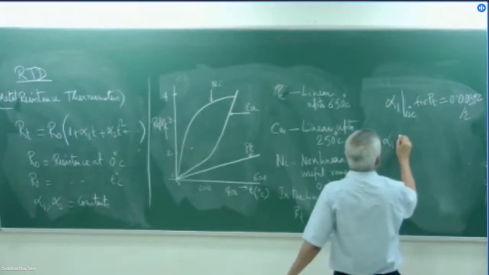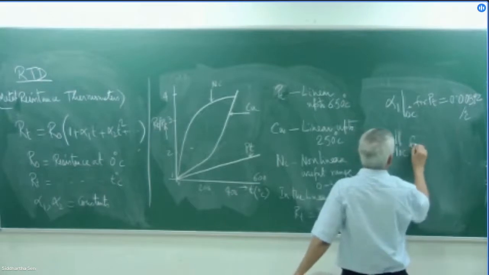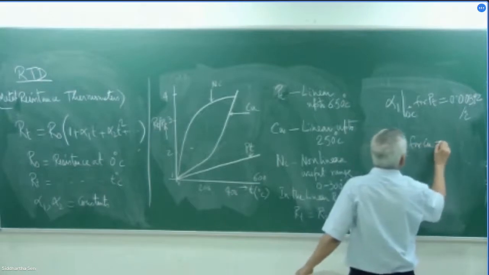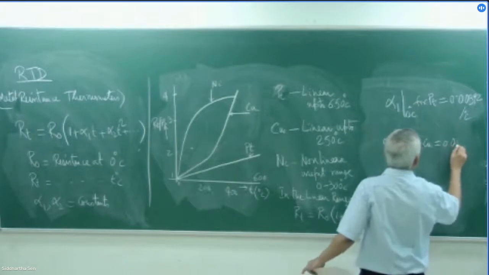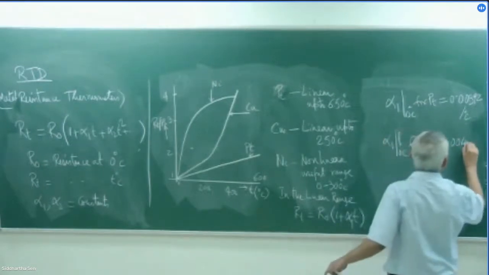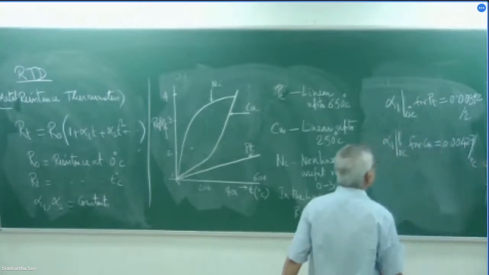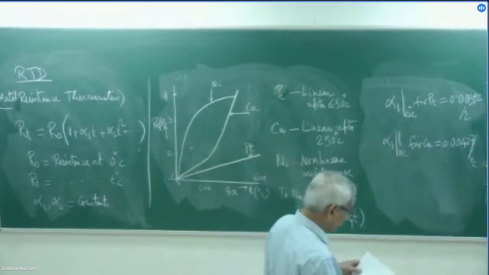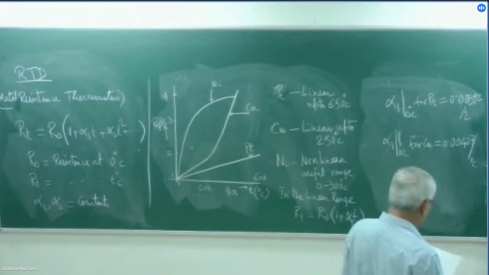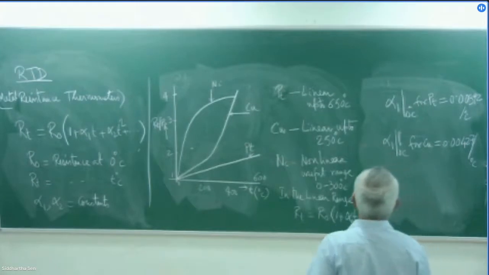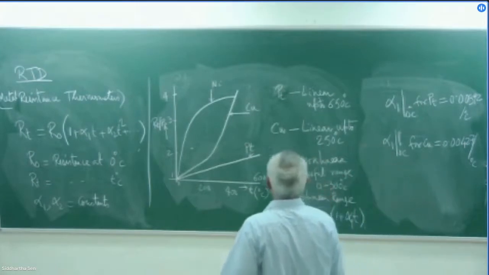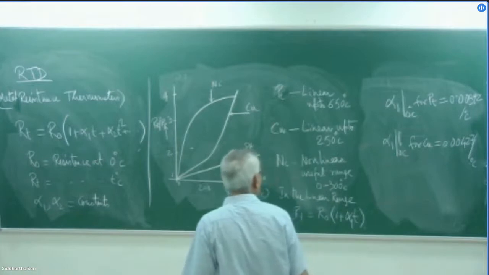And alpha 1 at 0 degrees Celsius for copper is 0.00427 per degree Celsius. But nickel is nonlinear, and we cannot really define it properly like this.